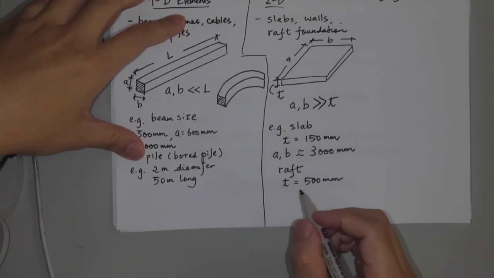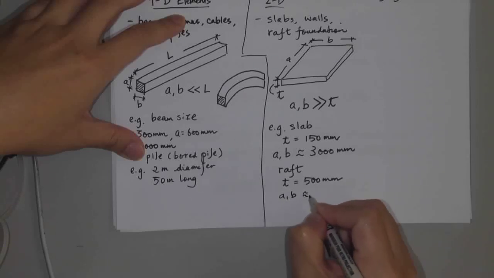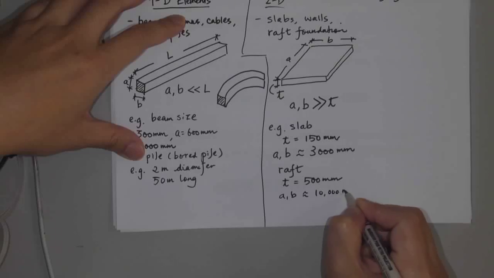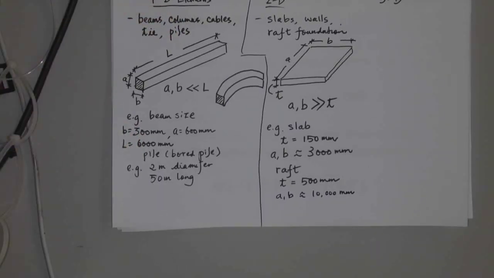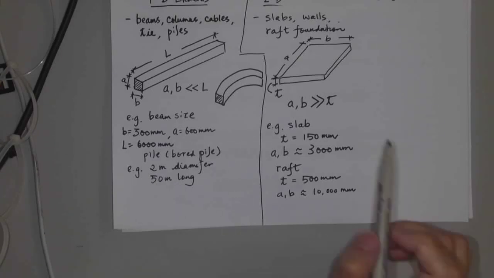So we're talking about 10 meters. So a and b in this case could be, let's say, 10 meters. So you can see the difference between these various dimensions.